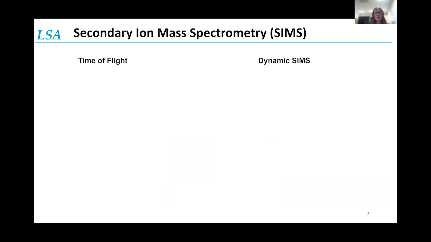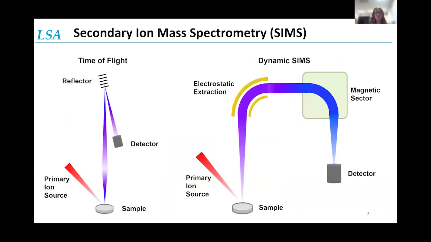So I'm going to talk a bit about the basics of SIMS, just to cover all bases. There are 2 main types of SIMS: static SIMS and dynamic SIMS. They both work the same, with a primary ion source that comes in and hits the sample, and the sample is then held at a voltage, whether it be positive or negative.